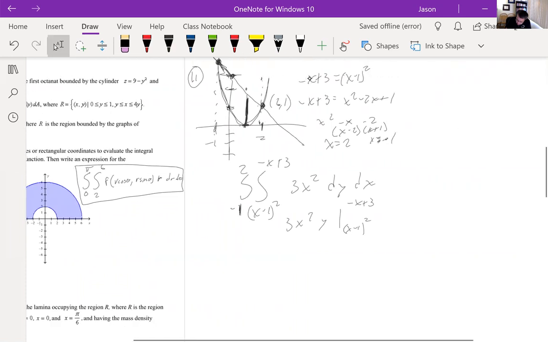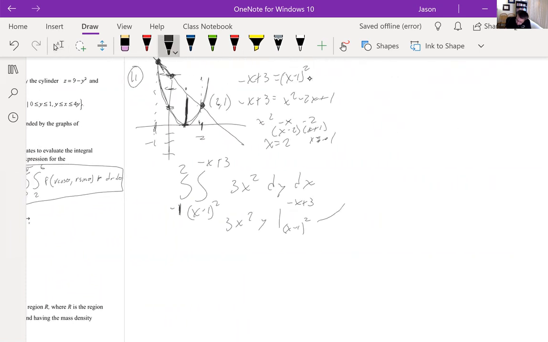Okay, nice. And so this becomes 3x squared times negative x plus 3 minus 3x squared times x minus 1 squared. I'm going to multiply all this out, see if I can get anything to clean up here. So distribute this. This is negative 3x cubed plus 9x squared.